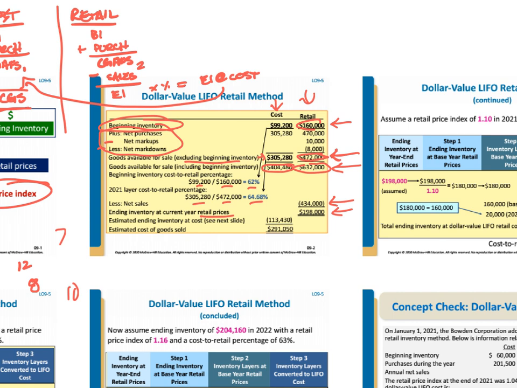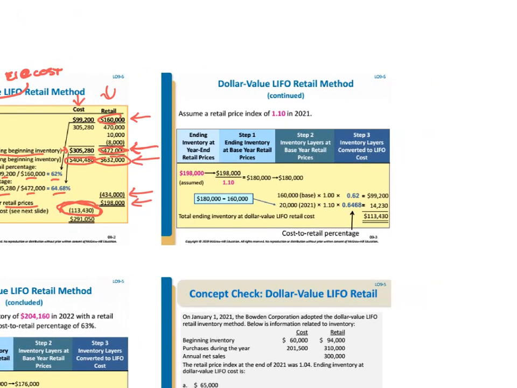Here's where the change comes in. It comes in right when we're calculating this figure right here. The estimated ending inventory at cost, we now have to change a little bit. Remember, dollar value LIFO says we have situations where we can simply have inflation in the retail prices.